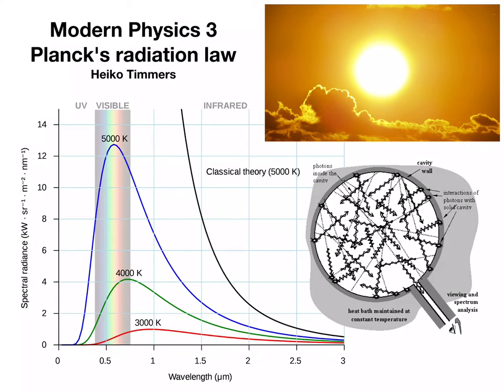Interpreting this concept classically gives the black curve in the graph, which is shown here for a temperature of 5000 Kelvin. This classical theory does not agree at all with the measured radiance coming from the sun, or for that matter with the intensity spectrum measured for the cosmic background radiation.